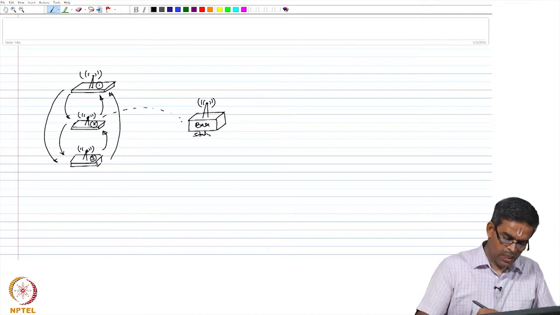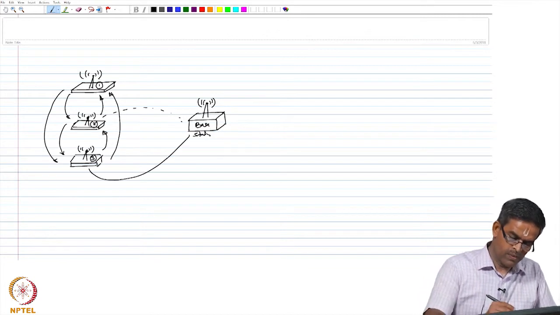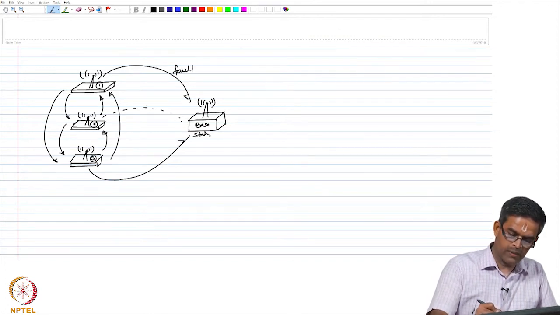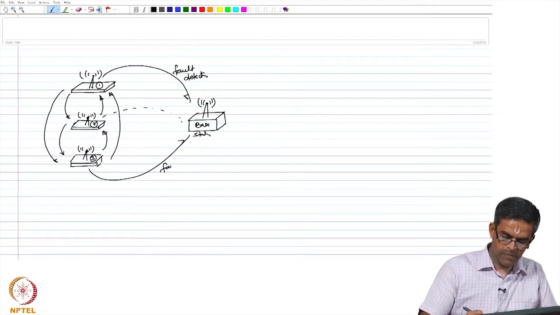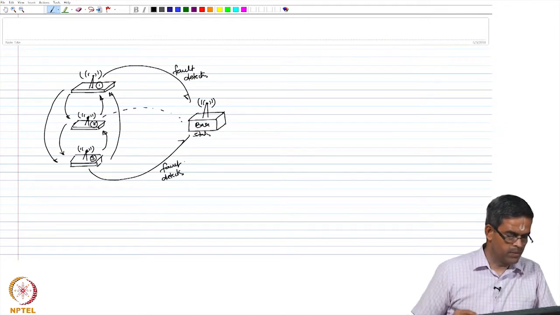Now, each one of them also communicates the fault detection results.